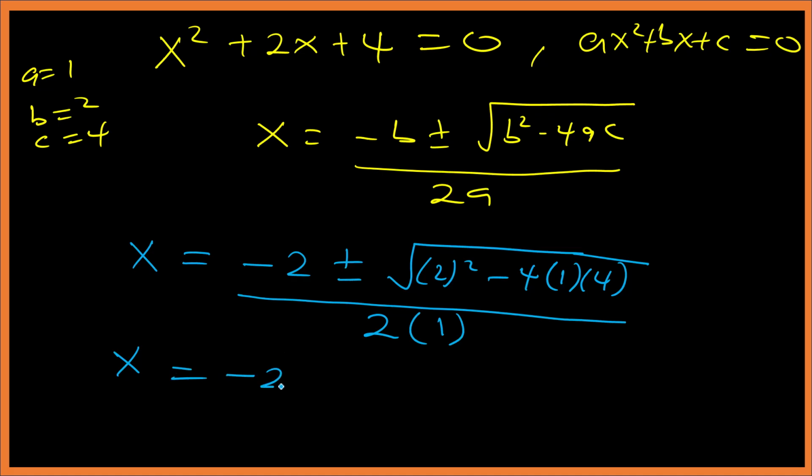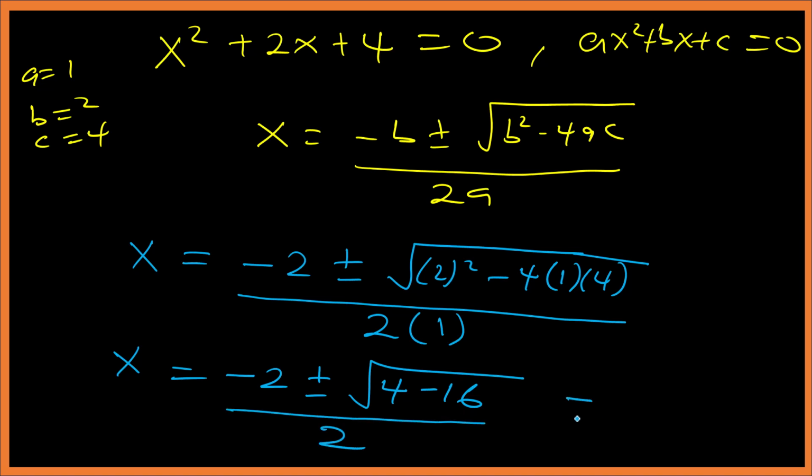So we have minus 2 plus or minus square root of 4 minus 16, over 2. So this side will be minus 2 plus or minus square root of minus 12 over 2.